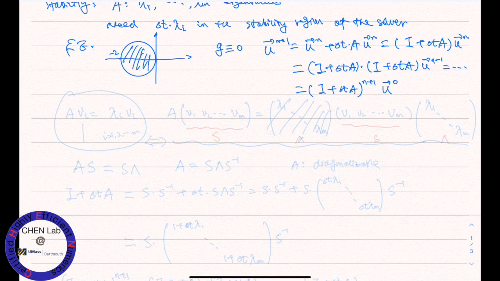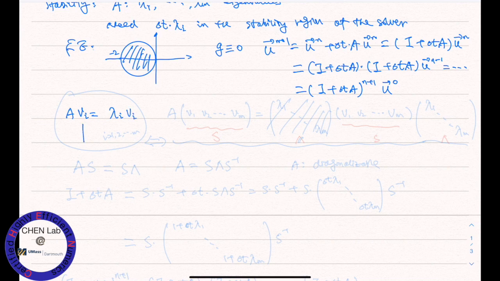When we assume the eigenvalues of A are lambda 1 all the way to lambda m, let's say, for lambda i its eigenvector is vi, so we have A vi is lambda i vi, okay?